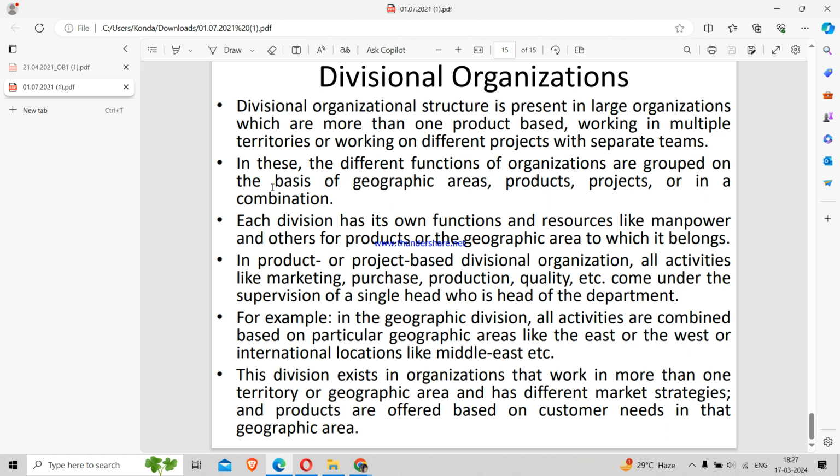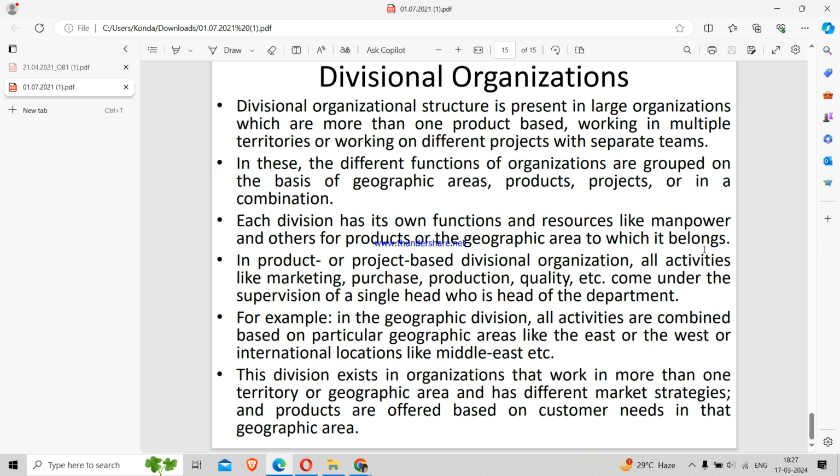In this, the different functions of the organization are grouped on the basis of geographic areas, products, projects, or a combination. So each division has its own function and resources like manpower and others for the products or the geographic area to which it belongs.